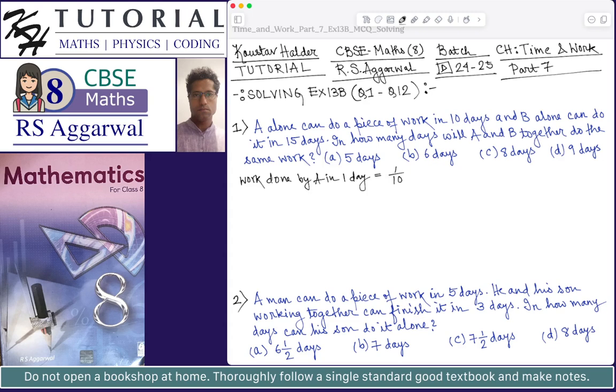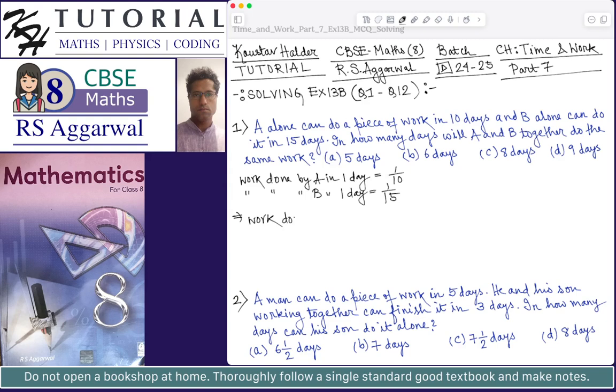Similarly, work done by B in one day will be equal to 1 by 15, since it is given B alone can do it in 15 days. Now this 1 by 15 and 1 by 10 are the part or fraction of the whole work that is done. Now we have to find the fraction of the total work done by both A and B when they are working together.